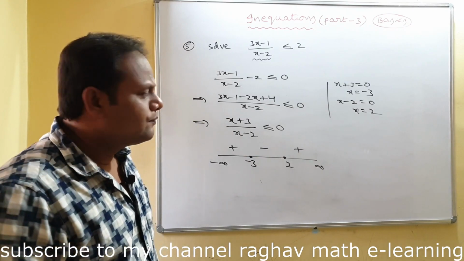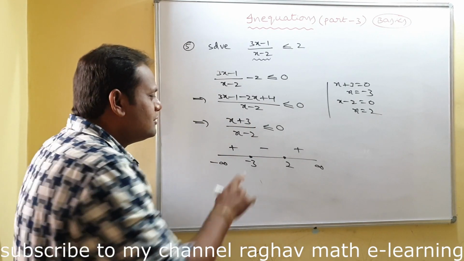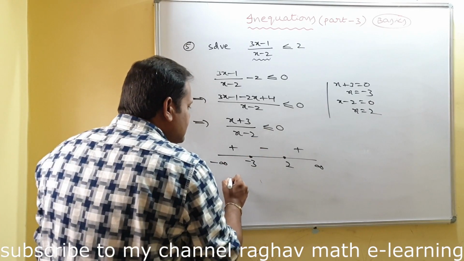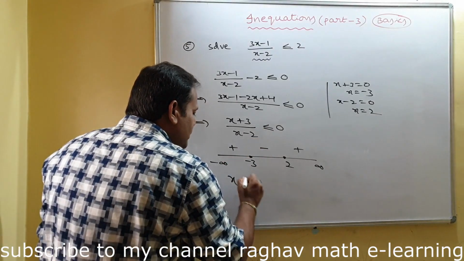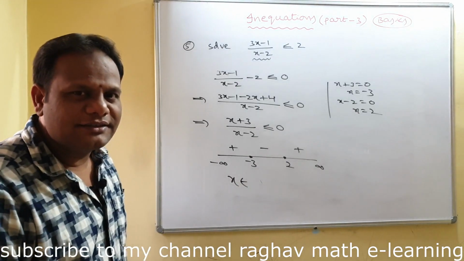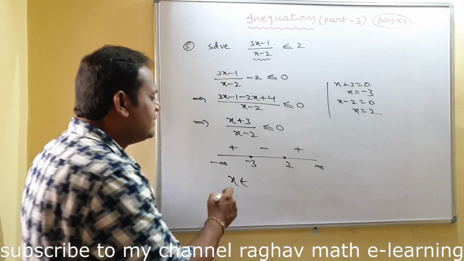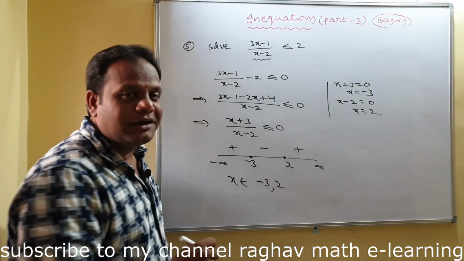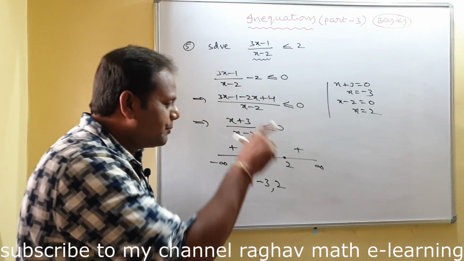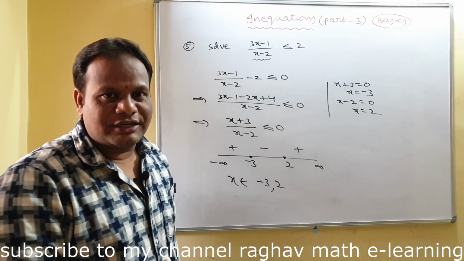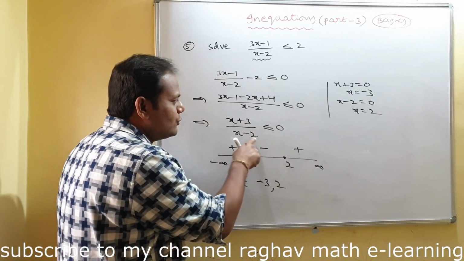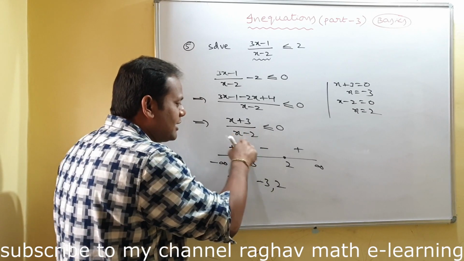That's all. Here you observe that we want less than or equal to 0. Is it? Okay. Less than 0 means positive or negative? Yes, it is negative. So, where is it negative? Minus 3 comma 2. But our doubt is open interval or closed interval. Okay. Can we take 2? No. If you take 2, the denominator becomes 0.